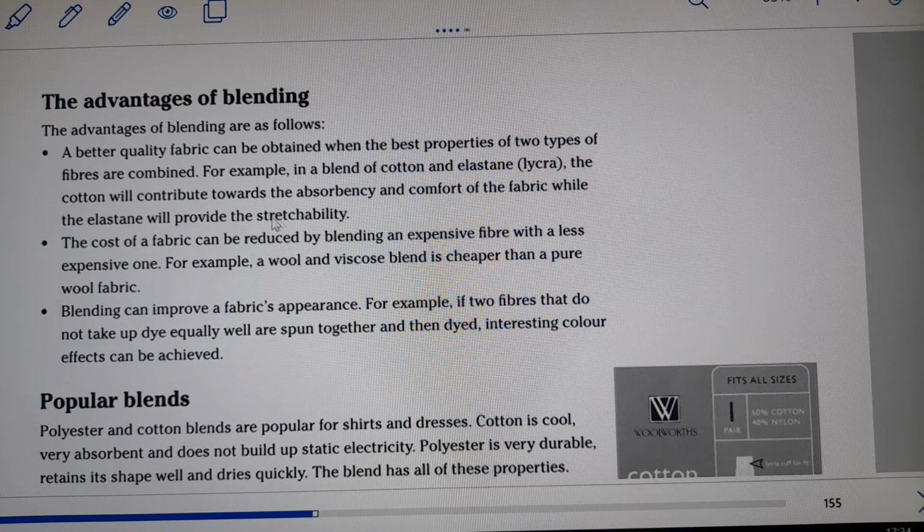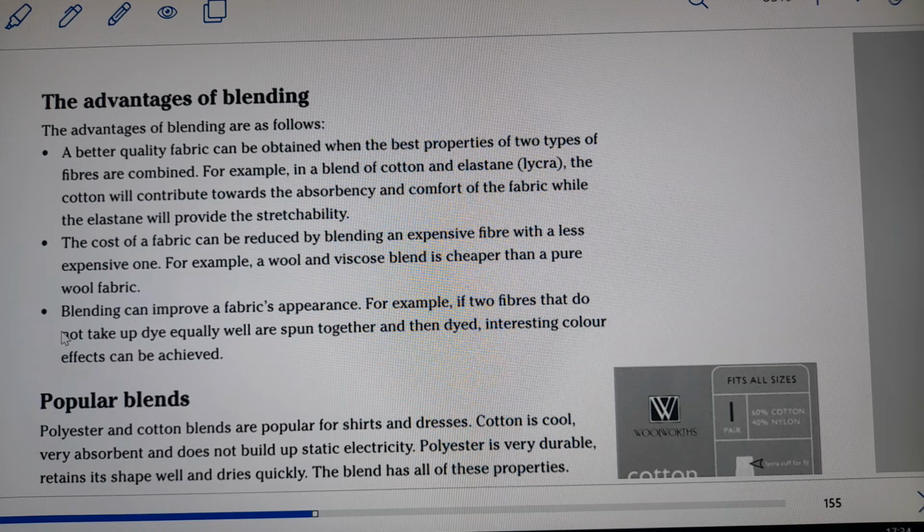So you have combined both good properties, you get the benefit there. Another advantage is the cost: the cost of fabric can be reduced by blending an expensive fiber with a less expensive one. For example, a wool and viscose blend is cheaper than pure wool fabric.